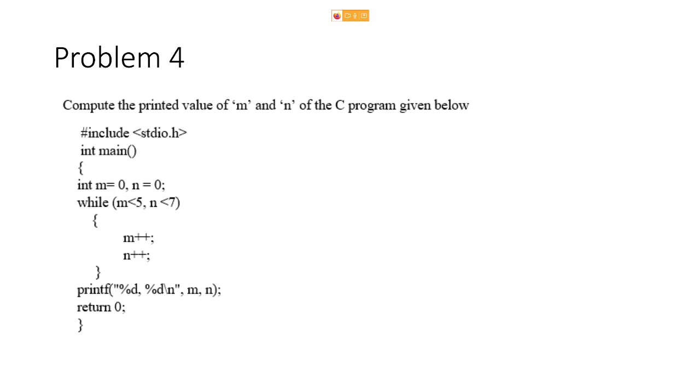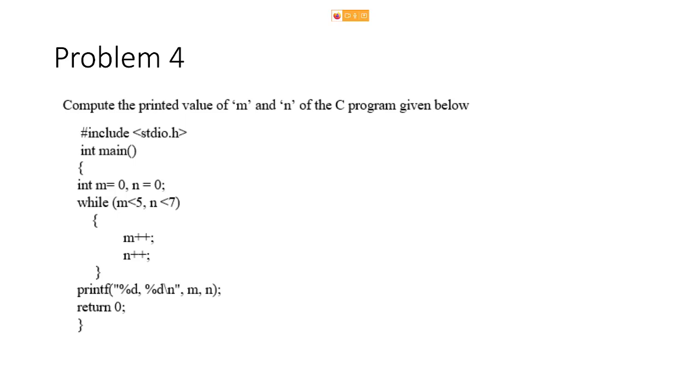I think 6, ma'am. 6 and 8 will be the answer. How will it be 6? Ma'am, first it will compare that 0 less than 5 and 0 less than 7. Both conditions are true and it will increment m and n.